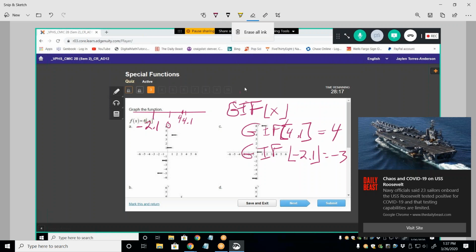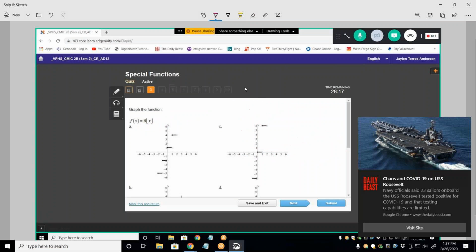Now let's talk about the least integer function. Whoops, no bottom arrow. In other words, this is a cap. So here you go to the right. In other words, if I draw the number line, there's 5.1.